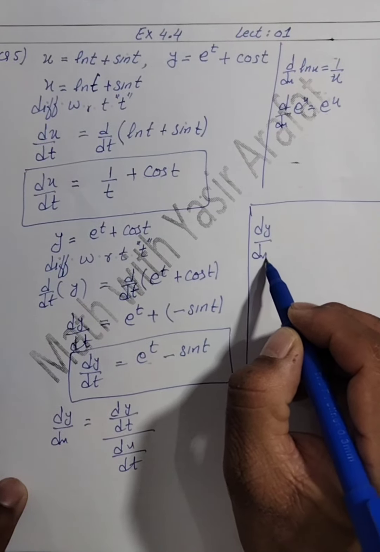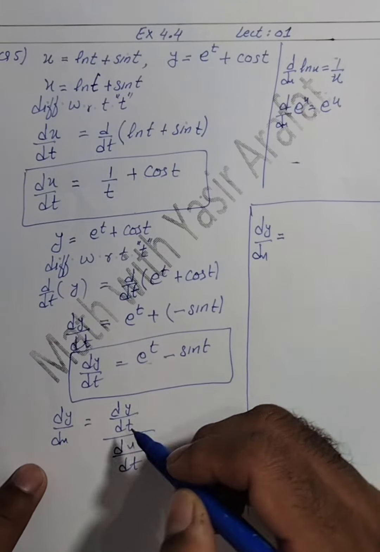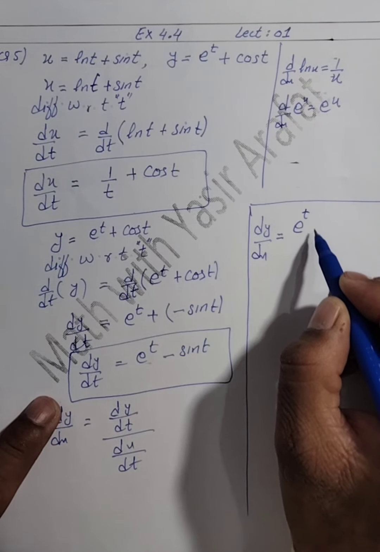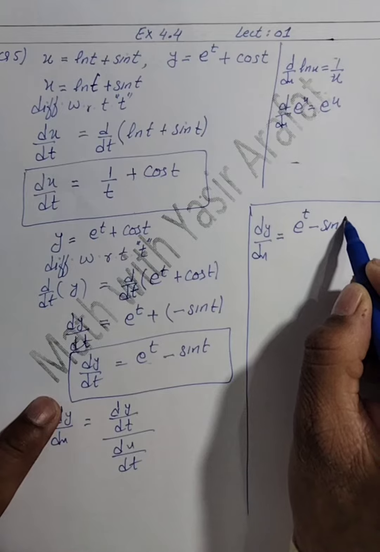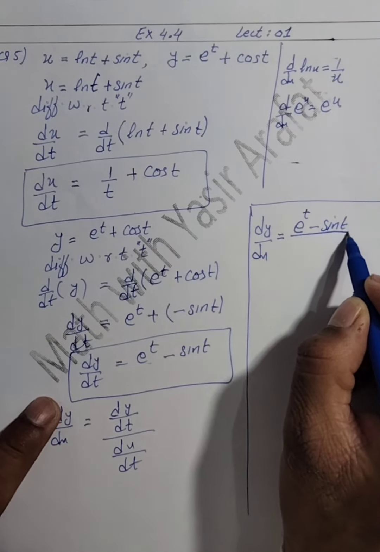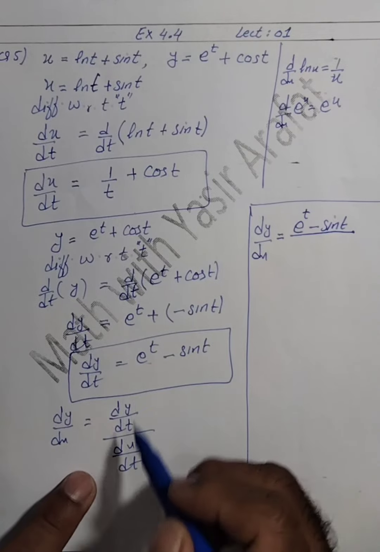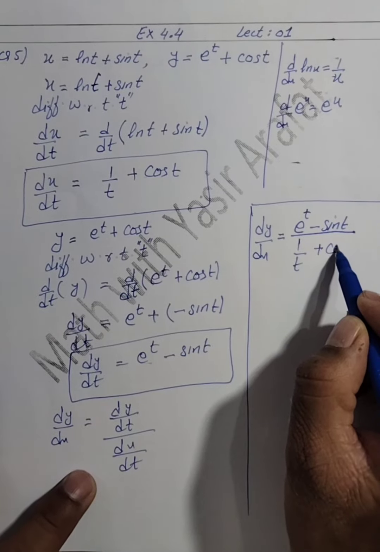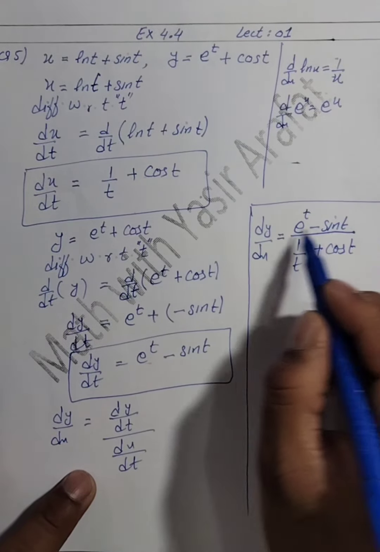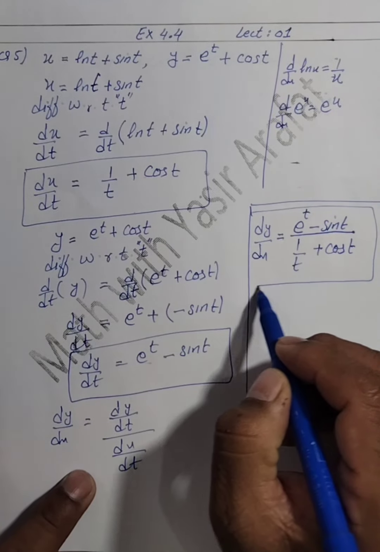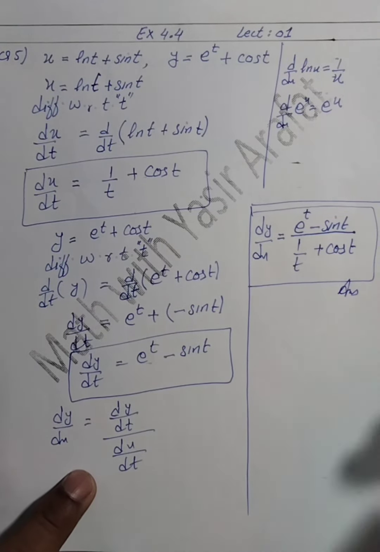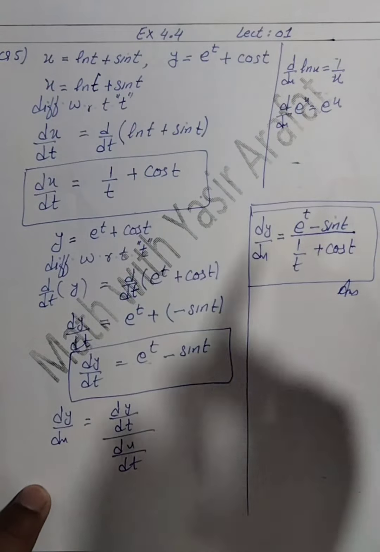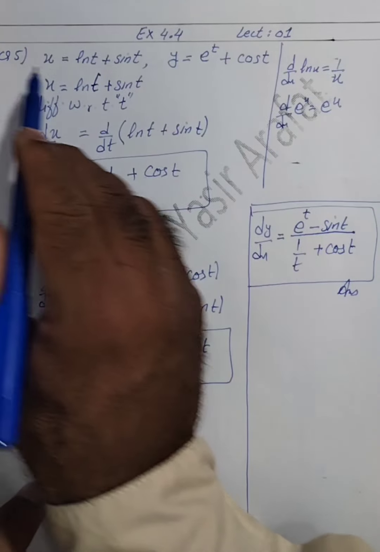Dy over dx is equal to dy over dt, this is the value of dy over dt, e to the t minus sine of t, divided by dx over dt, this is the value of dx over dt. So this is the answer of these parametric equations, dy over dx. Exercise 4.4, question number 5.